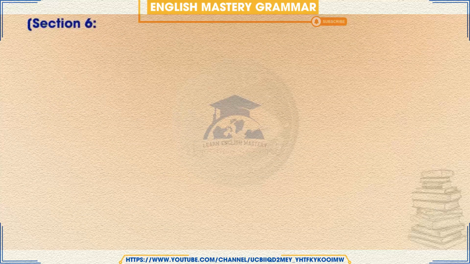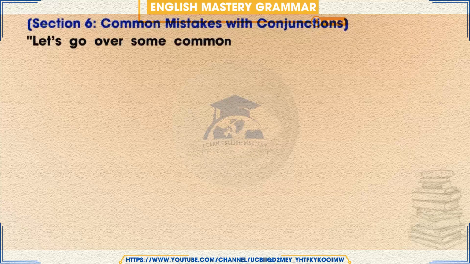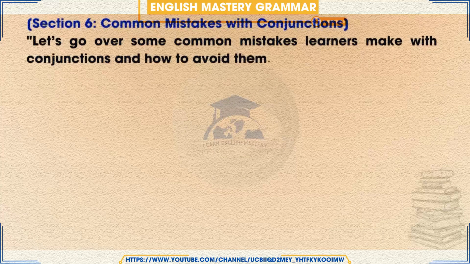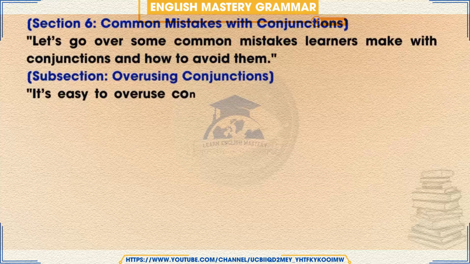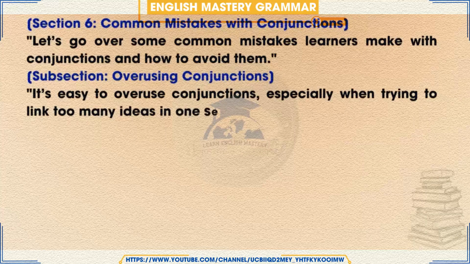Section 6. Common mistakes with conjunctions. Let's go over some common mistakes learners make with conjunctions and how to avoid them. Subsection: Overusing conjunctions. It's easy to overuse conjunctions, especially when trying to link too many ideas in one sentence.